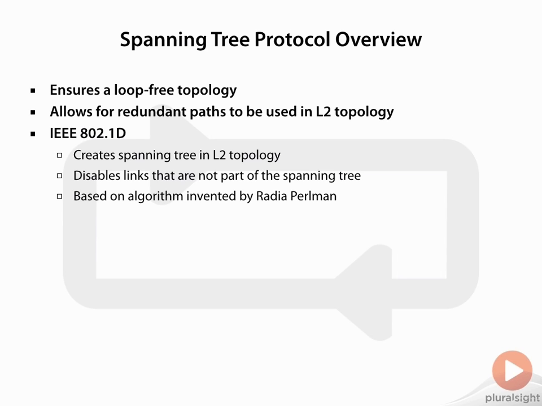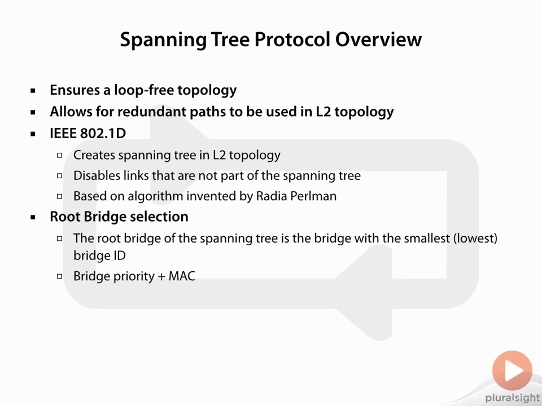Now, based on an algorithm that was written by Radia Perlman, we will figure out a root of the spanning tree, and we will determine the best path for other switches in the spanning tree to reach that root, and then we'll block any ports that are redundant in that path so that we don't form a loop in the network. So the root bridge selection is something that we have to go through first and foremost.